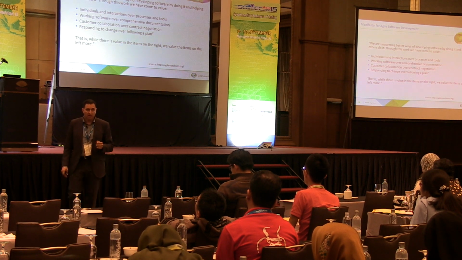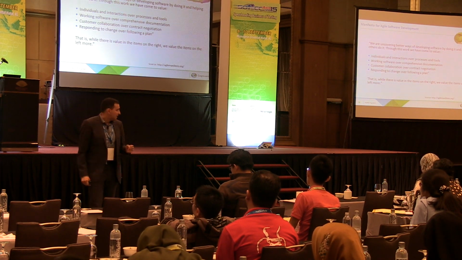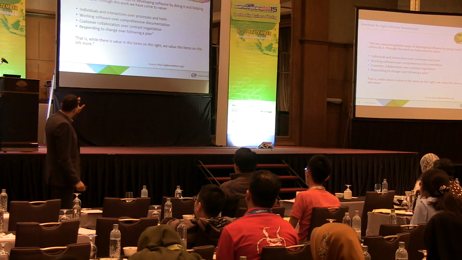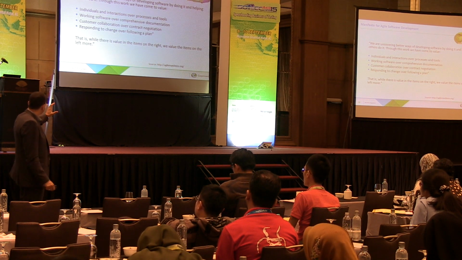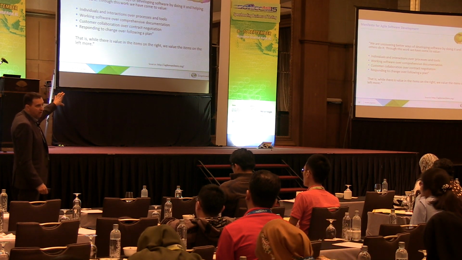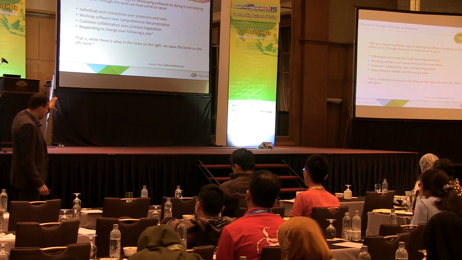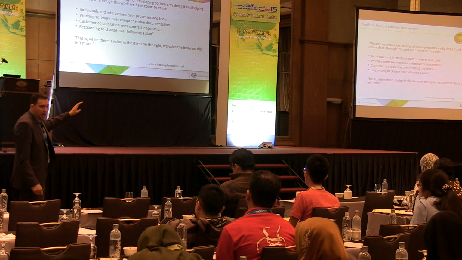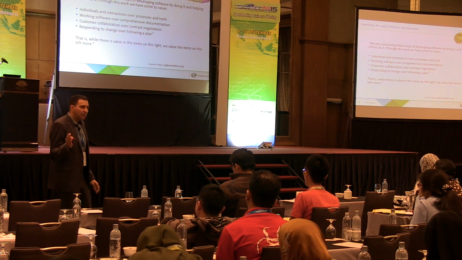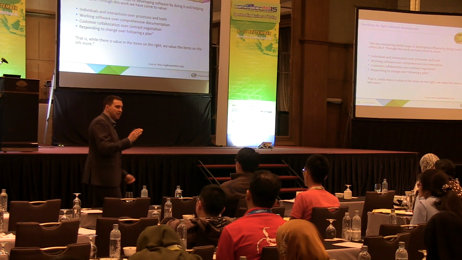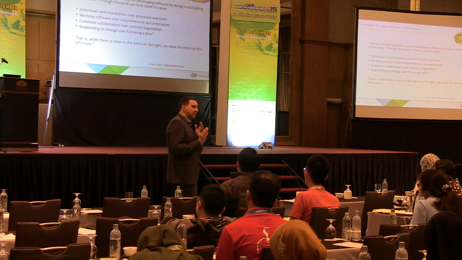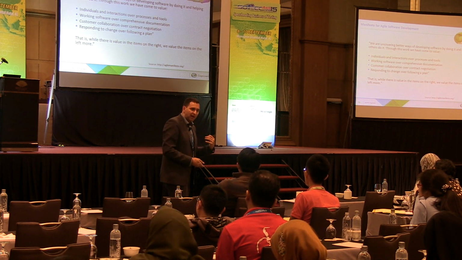They said that they value the items on the right hand side: processes and tools, documentation, contract negotiation, following a plan. However, they see more value in the items on the left. So they're trying to push as much as possible to the left. This is the idea behind the Agile manifesto.